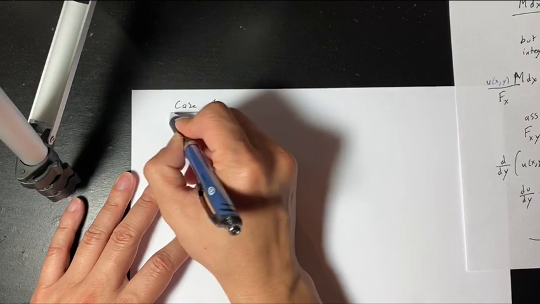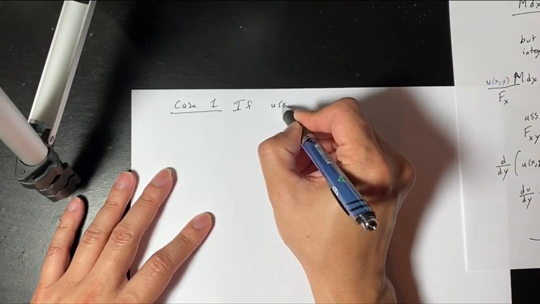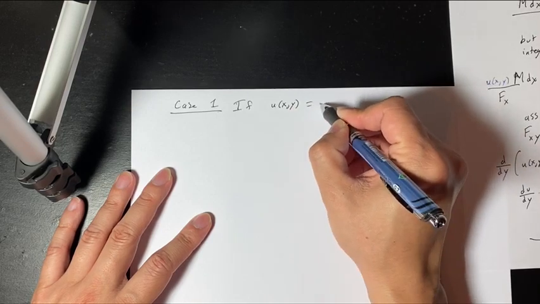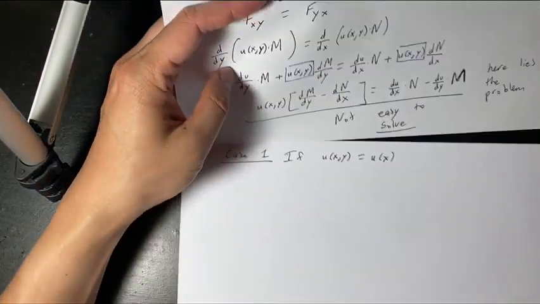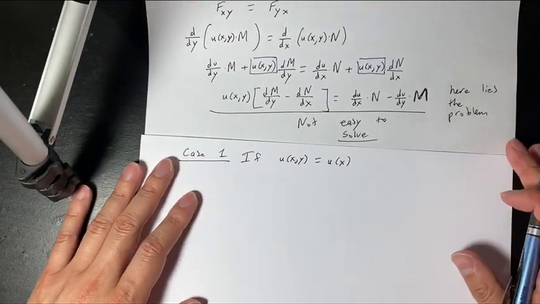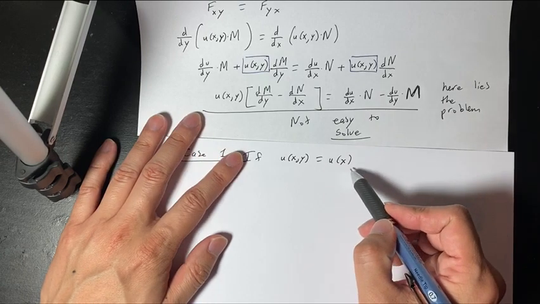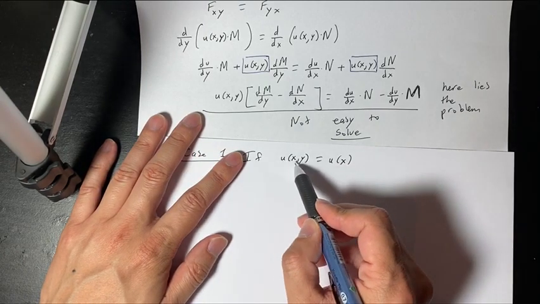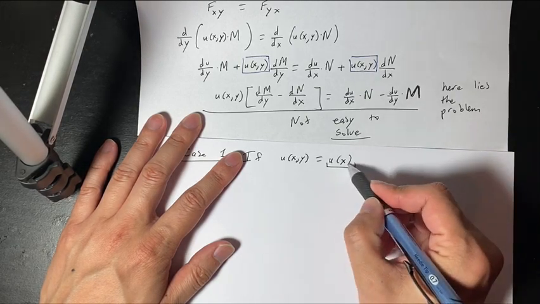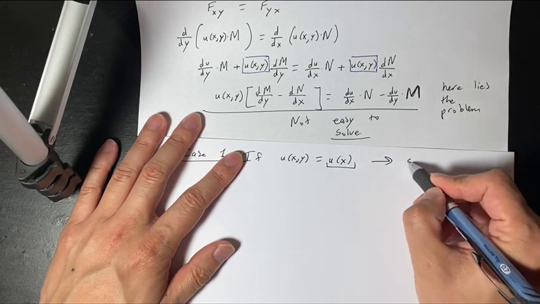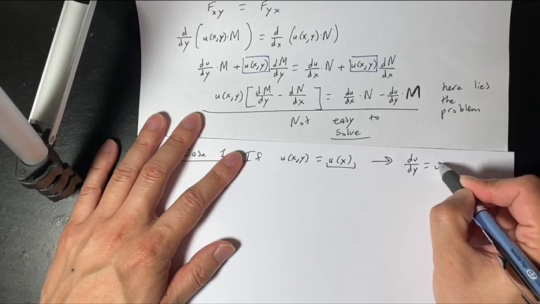Case 1: if it turns out this u of x, y is simply just in terms of x, it would make this differential equation a lot easier to deal with. So if u of x, y turns out to just be a u of x, which means there's no y involved, it implies then du dy to just be 0.